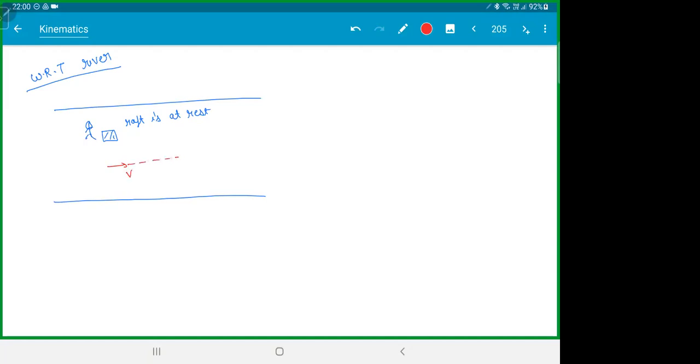Means the boat will go down for 1 hour. While coming back, it has to come back for 1 hour, because this v is the speed of the boat with respect to the river only. So if it goes down for 1 hour, it has to come back for 1 hour. Therefore, total time is 2 hours.